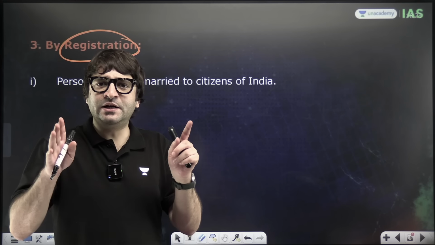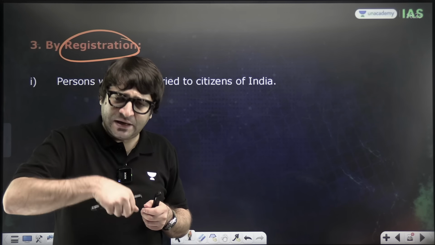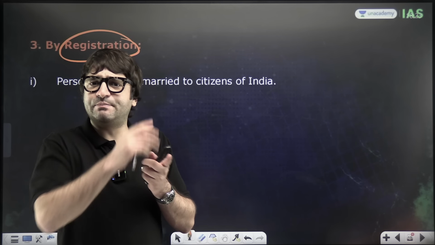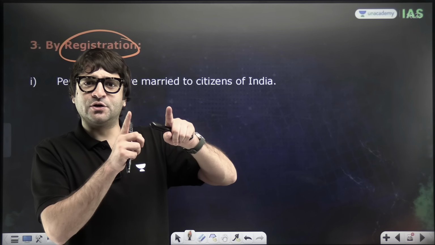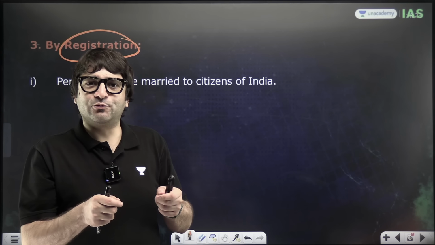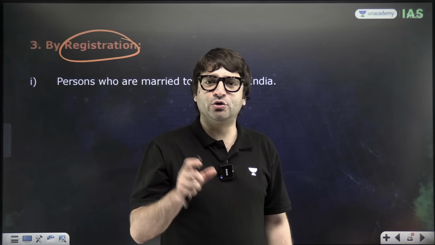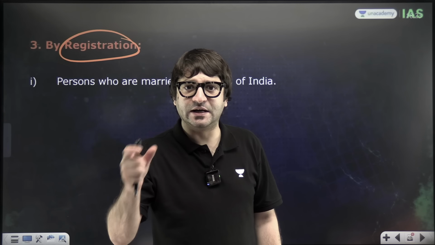If you once held an Indian passport, now you are holding the passport of another country. If your parents were eligible to become citizens, but you did not become a citizen because you became a citizen of another country, you are a person of Indian origin. If you want to come to India, we will give you a special privilege, and that privilege is you will have an OCI card. Through this OCI card, you can enter India without visa for life.